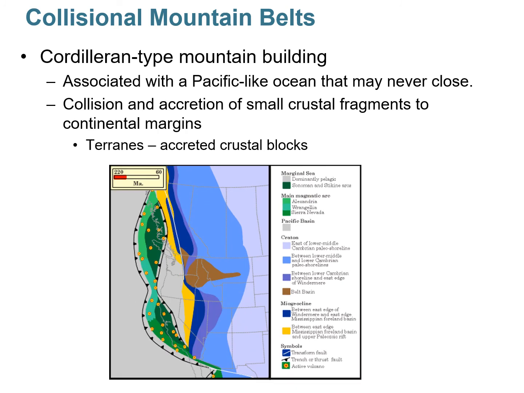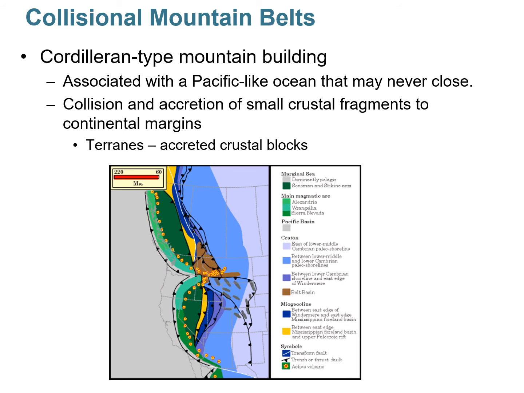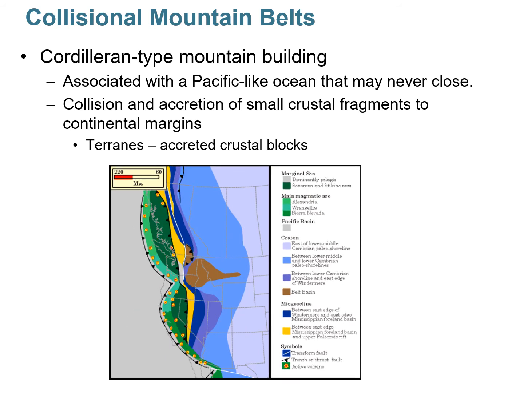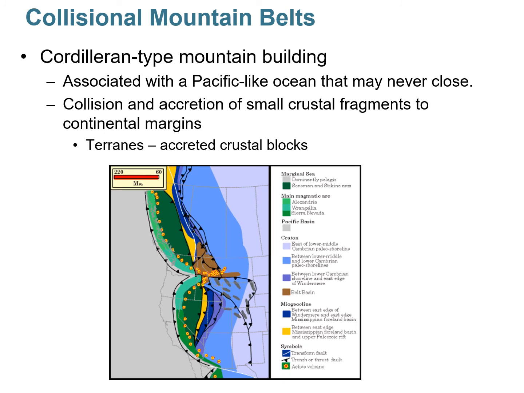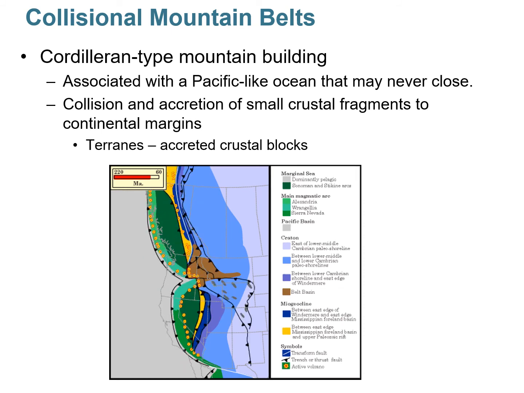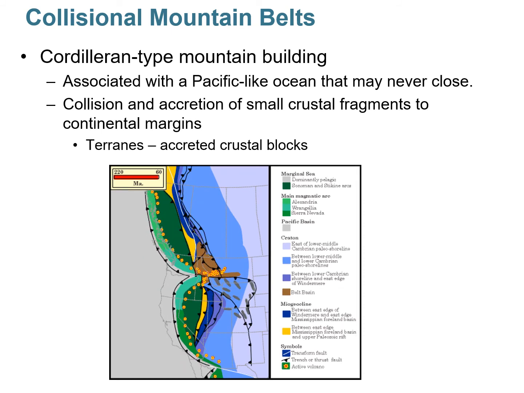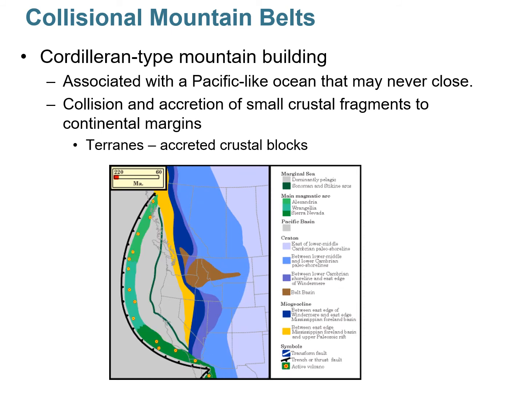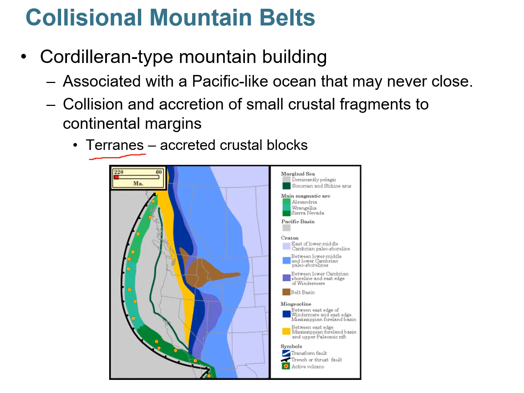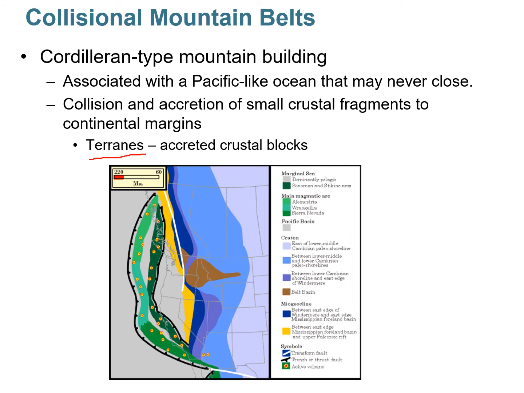This process creates accretion of those small crustal fragments that used to be island arcs or ocean plateaus or microcontinents, and that stuff gets plastered onto the continent. We call those terranes or exotic terranes because they didn't belong to the continental crust, and they were just added to it.